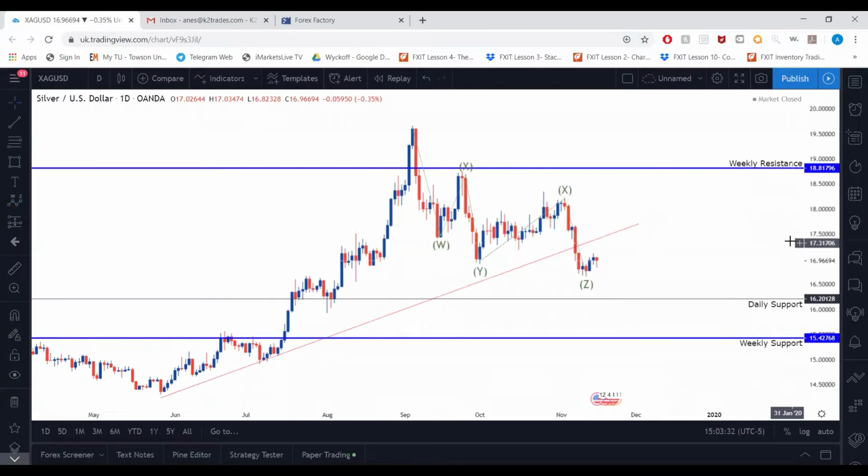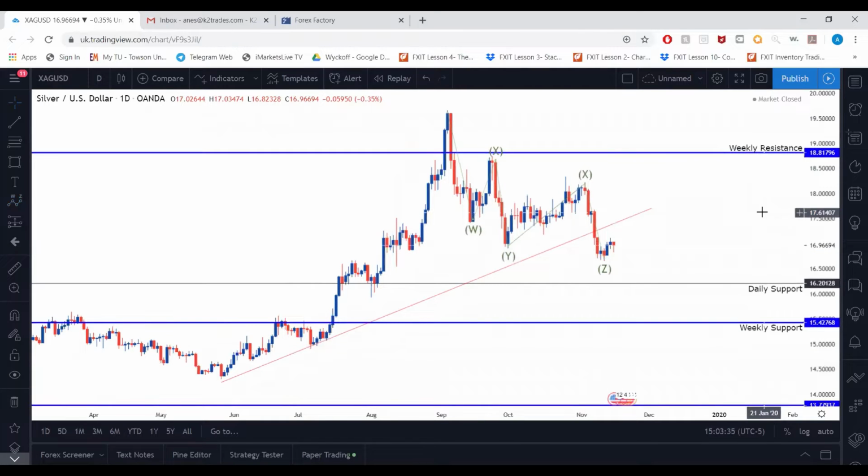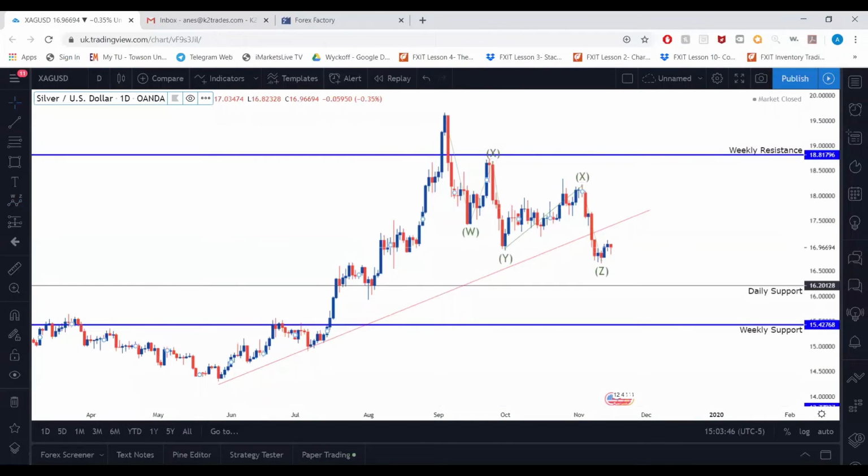Right, but from the top to the bottom where we have October, if you calculate the number of pips, that should be your target point from the X point. So the equal move.